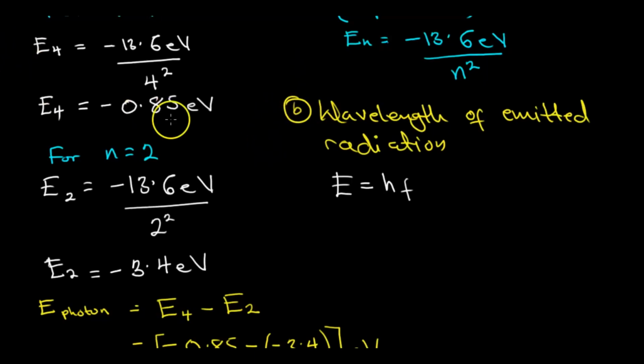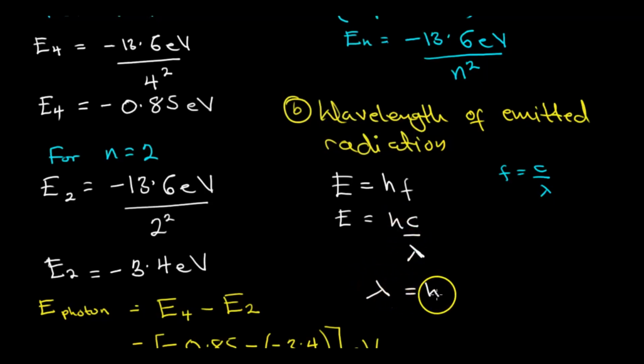But we know that frequency is equal to c over lambda. So you can substitute that in place of frequency, and we get the energy to be equal to hc over lambda. Our wavelength is lambda, c is the speed of light and h is Planck's constant. So all we need to do is to make lambda the subject. Making lambda the subject, I get lambda equal to hc over the energy.